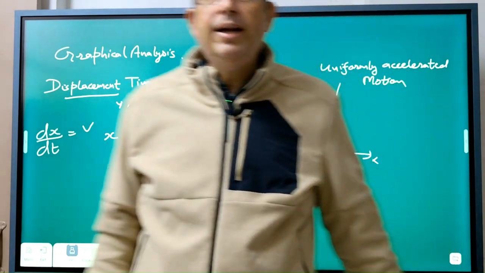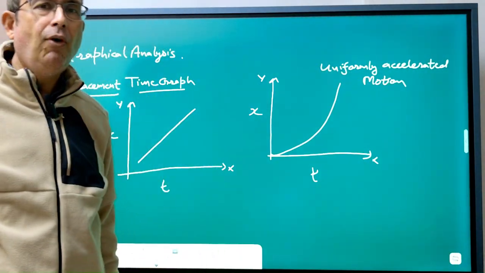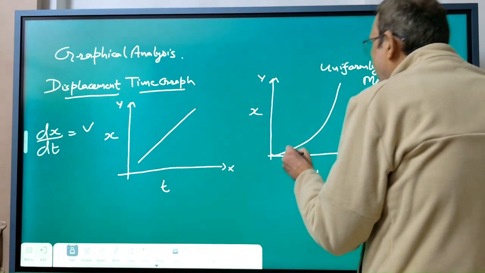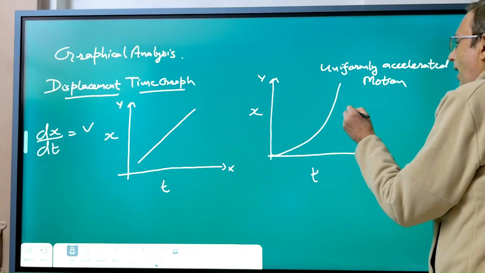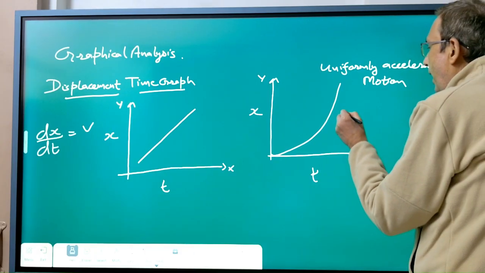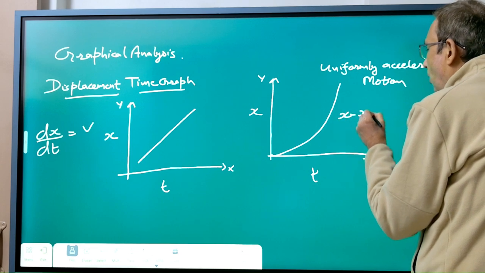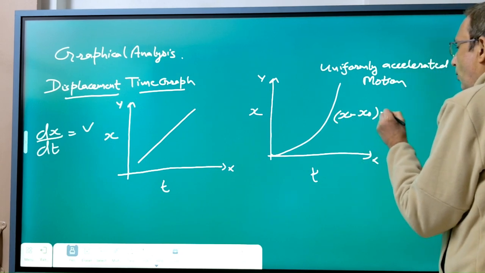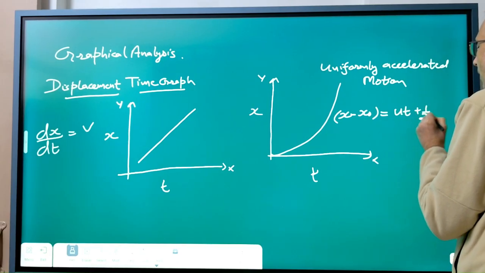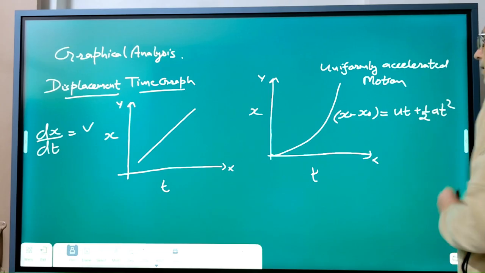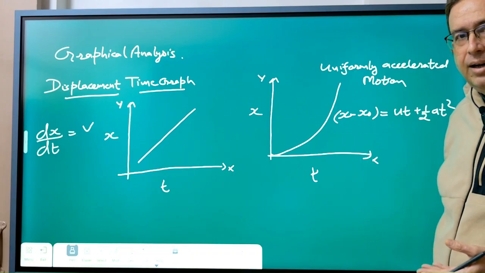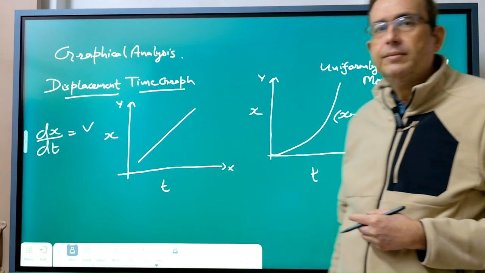And why is it so that a parabola represents a uniformly accelerated motion? You can understand it like this: you have the one equation of motion that we earlier understood, x minus x naught is equal to ut plus half at square. This was the equation that we had discussed earlier in the previous lecture.